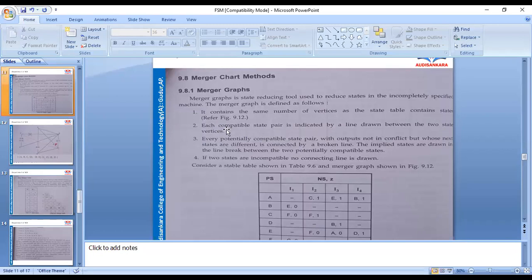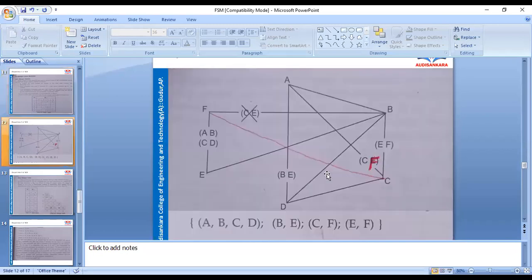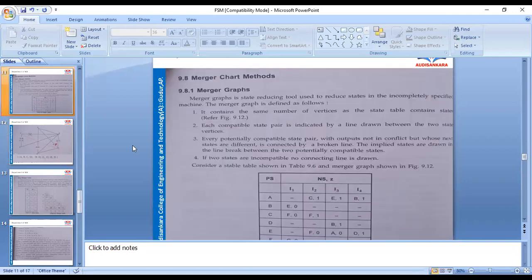That is what we have to do: we have to draw the lines. You can see in the graph also, students, we have drawn some lines between the vertices: from A to C, from A to B, from A to D, like that. The lines have to be drawn based on the compatible state pairs. I will tell you what is meant by a compatible state pair later.